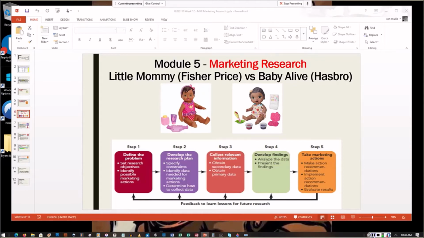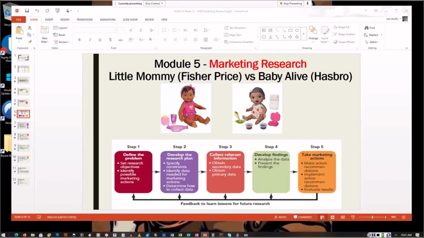Since Hasbro's Baby Alive was dominating the baby doll category and Fisher Price Little Mommy was lagging behind in sales, Fisher Price had to decide how to rectify that problem, which was that their product was not being sold as much as Baby Alive. So that was the problem they came up with.